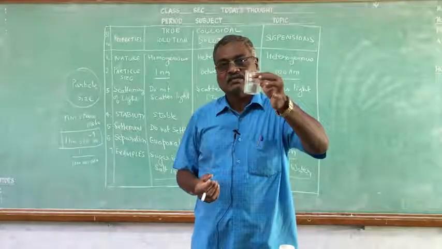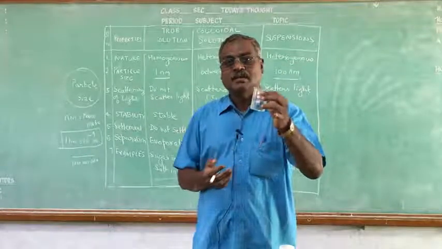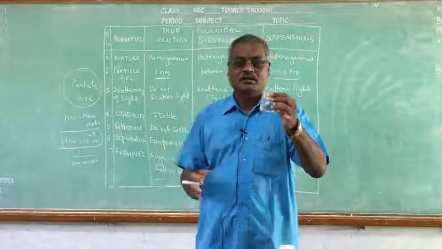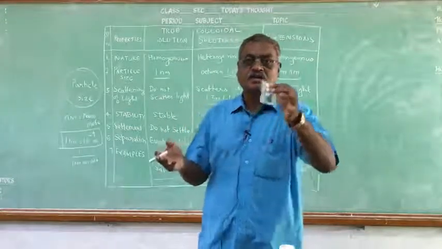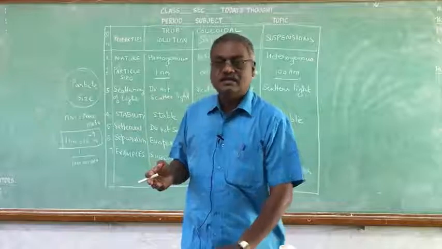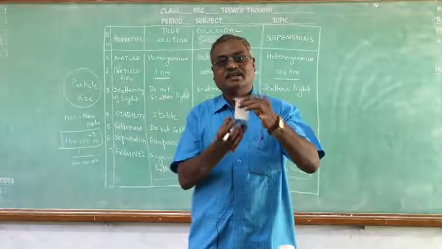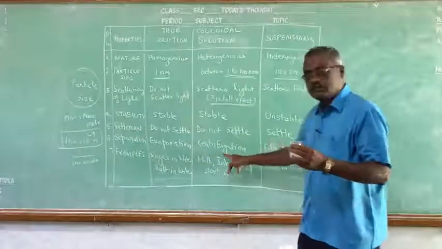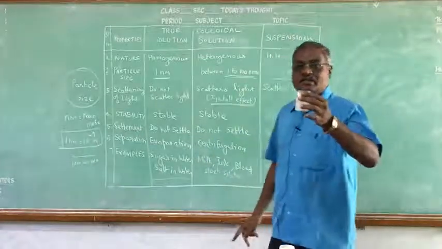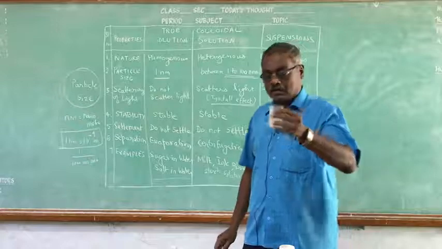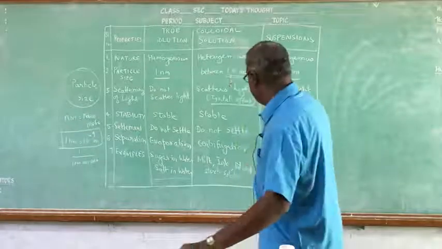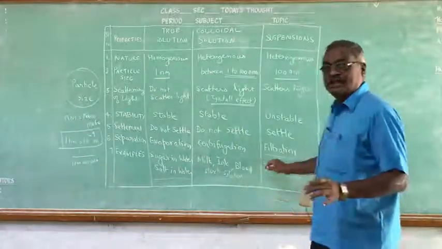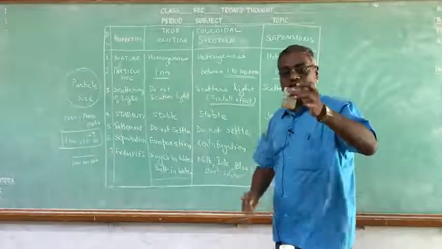That process is known as evaporation. By evaporation, we can separate the solute and solvent in a true solution, whereas in a colloidal solution there is a technique called centrifugation. We will discuss later what centrifugation is. By centrifugation we can separate the particles.